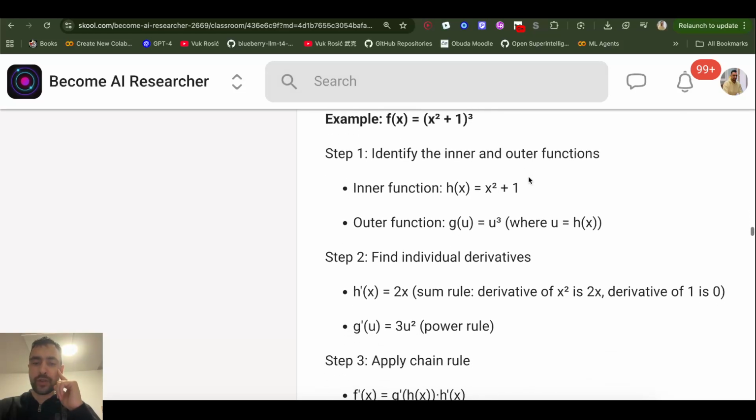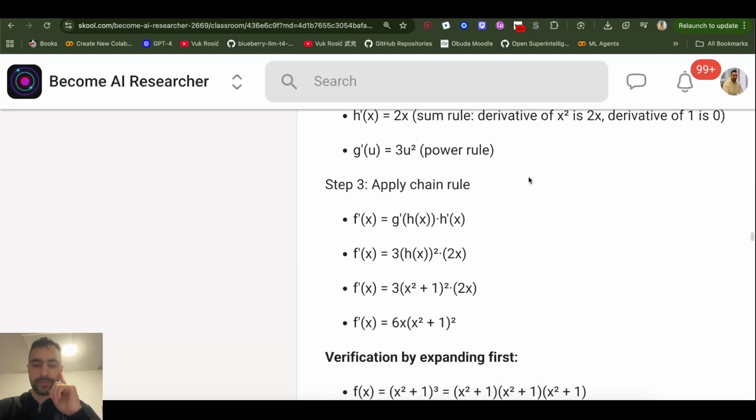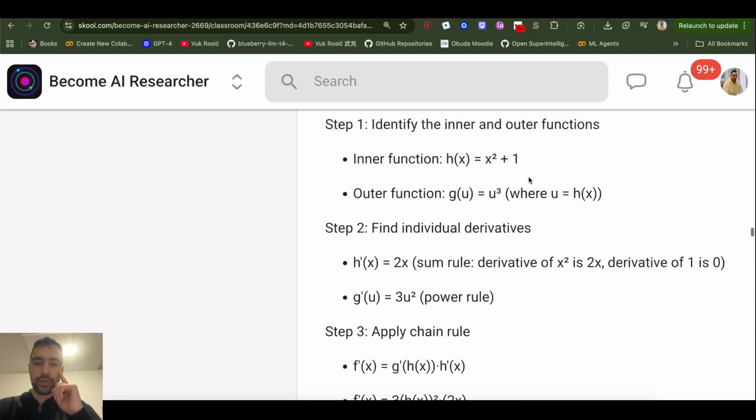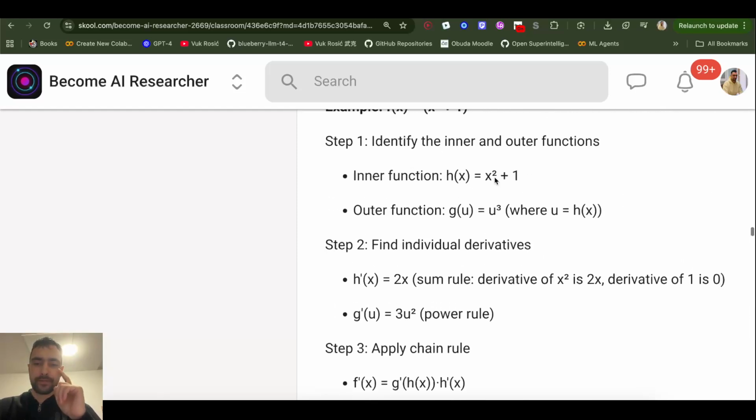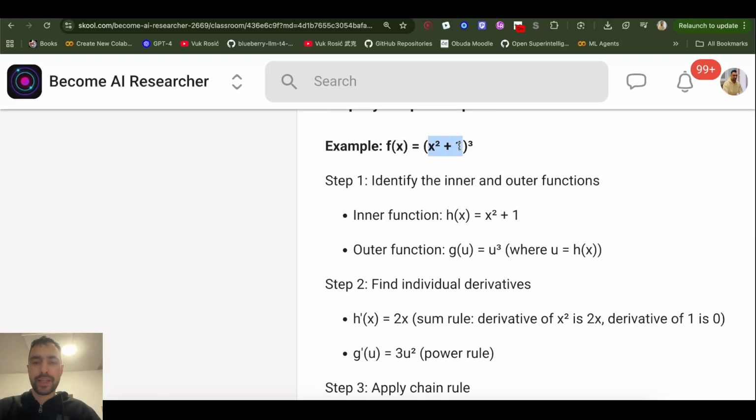Let me show you with an example. I told you we have x squared plus 1 to the power 3. Here we will put this 3 in front of this bracket as if this whole thing is x. So we'll put this 3 in front and subtract 1 here.